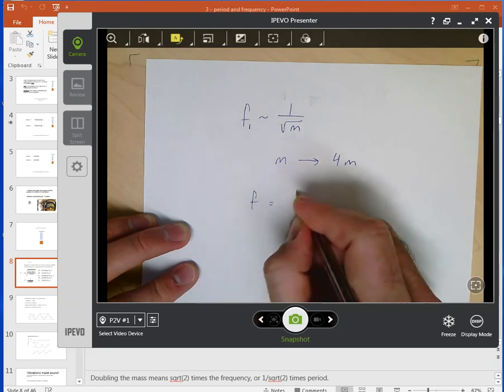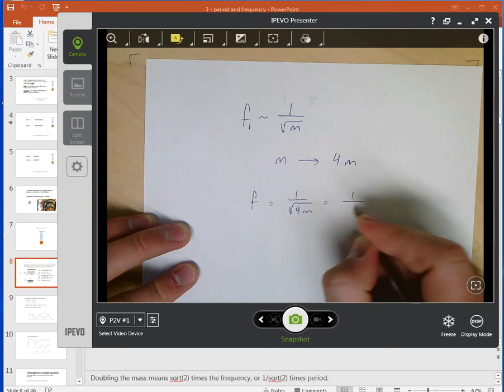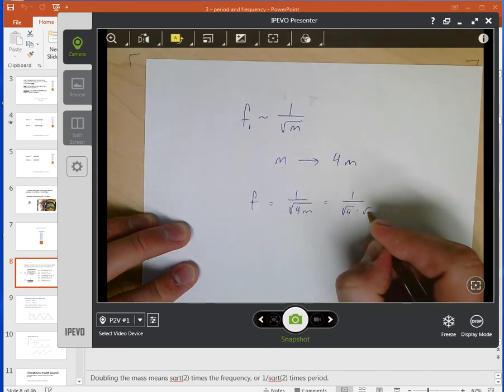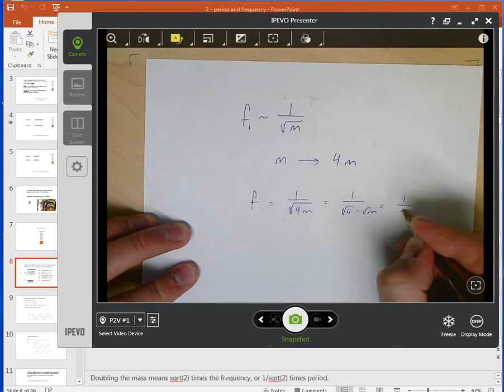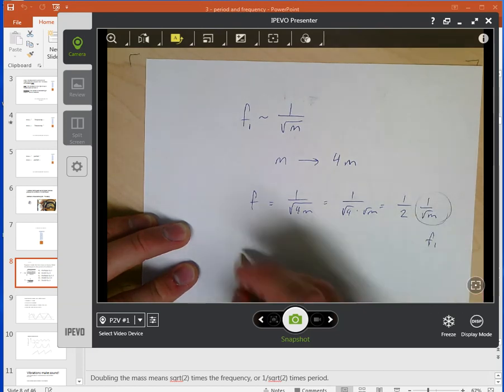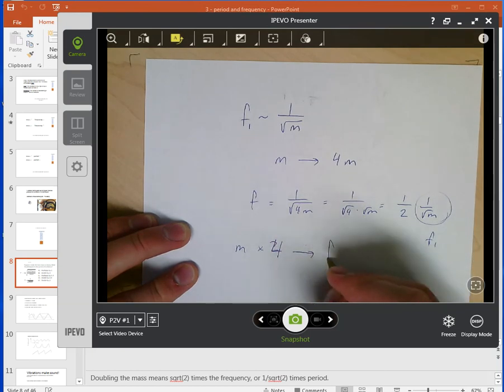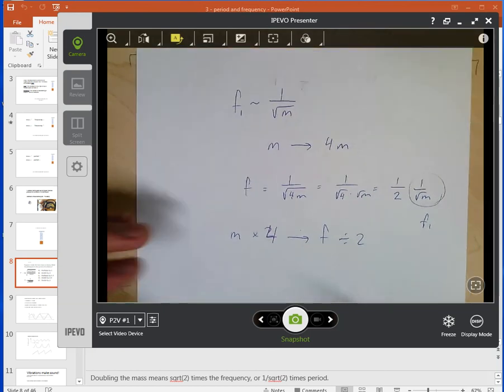Now what's the new frequency? Well, the new frequency is going to be 1 over the square root of 4m, which is 1 over the square root of 4 times the square root of m. So if you notice, that's 1 over 2 times 1 over the square root of m. That here is F1. So in other words, making the mass become multiplied by 4 is actually going to make the frequency divided by 2. So hopefully you can see that connection there.